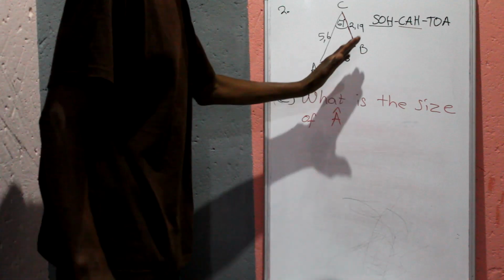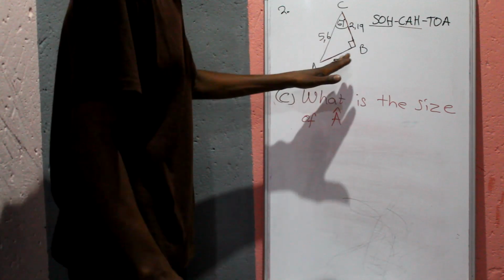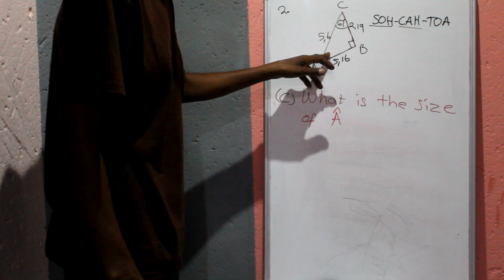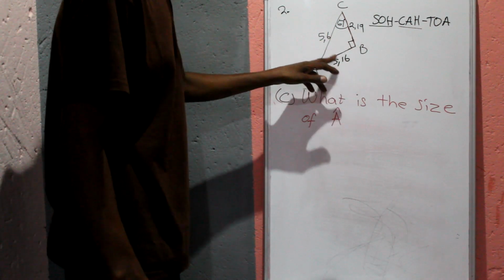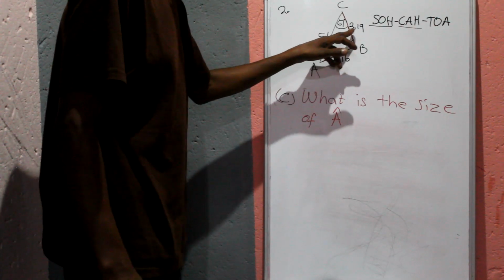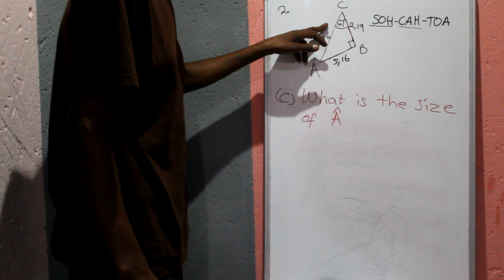You can use trigonometric ratios. Remember, there are many ways of killing a cat. You can use trigonometric ratios to get this angle, because now you have these sides, which means you can say sine of this angle using the opposite side, which is BC, over the hypotenuse.